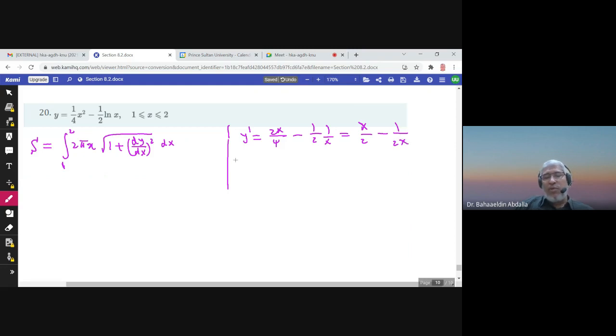And now y prime squared is (x/2 minus 1/(2x)) squared, which is x²/4 minus 2 times the first term times the second term plus the square of the second term. x cancels with x and 2 cancels with 2, and I have negative half here.